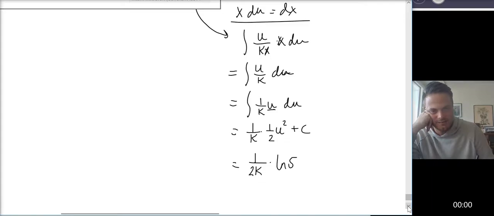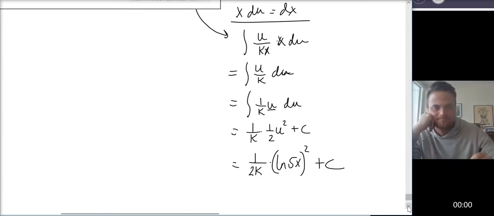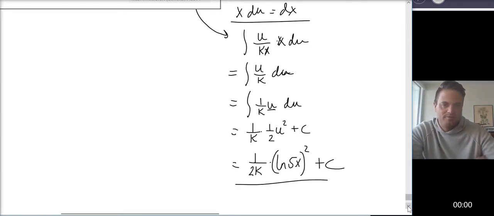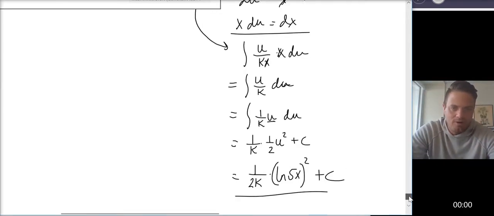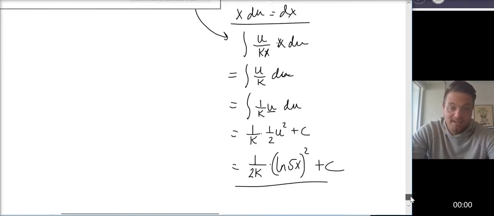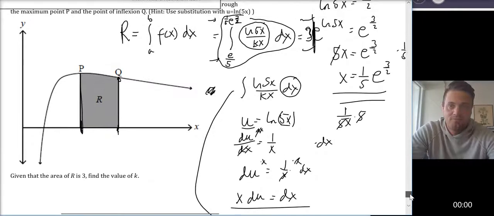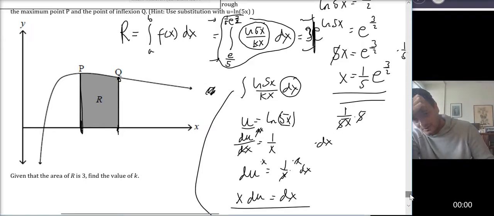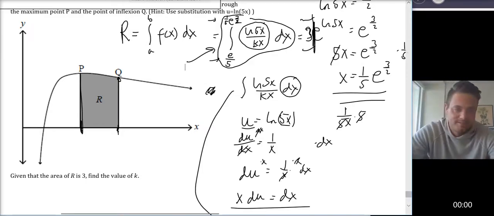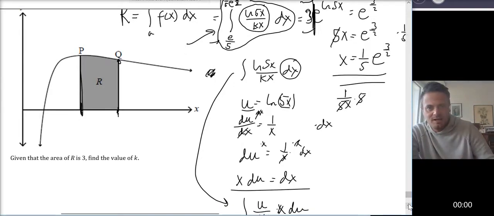U was ln of 5x. That was the u, right? Plus c. So there we have the integral of f of x. So my task here is to actually calculate this messy thing here. But to calculate the definite integral, I first have to find the integral of this, and then go from here to here.